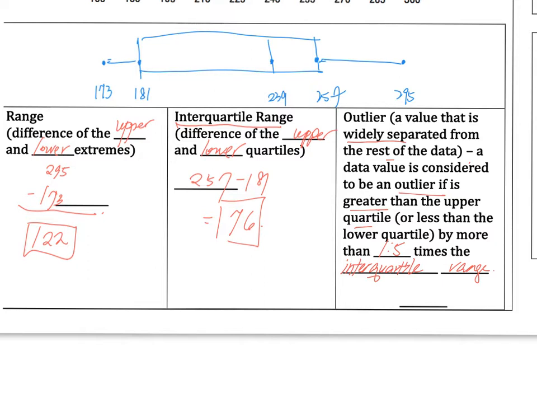So I need to take 1.5 and multiply by 76, and that would give me 114.